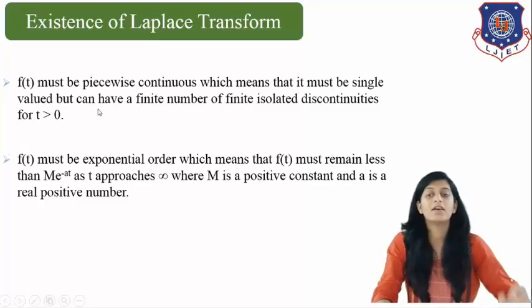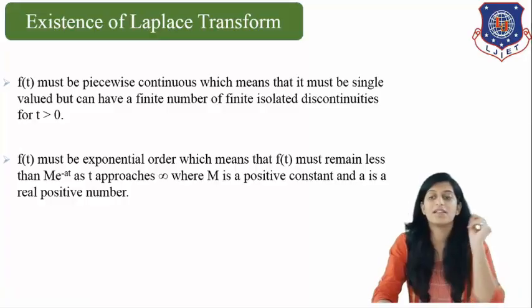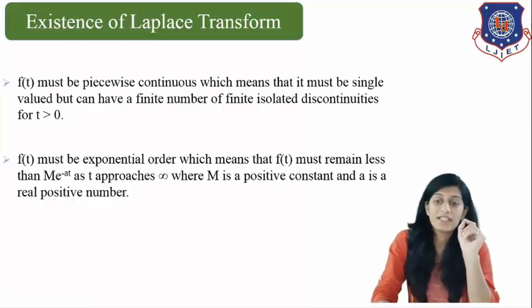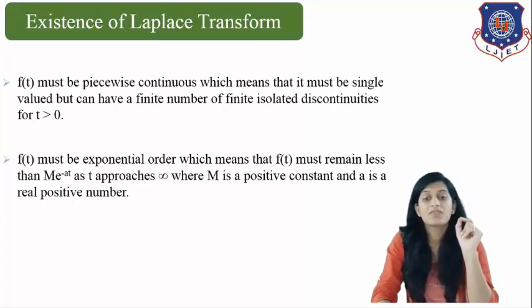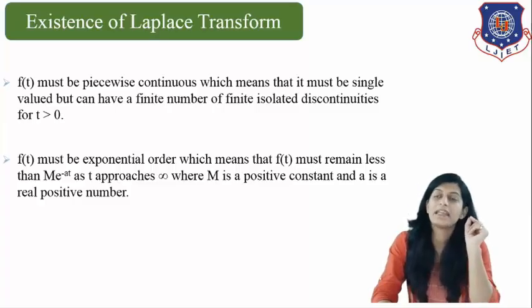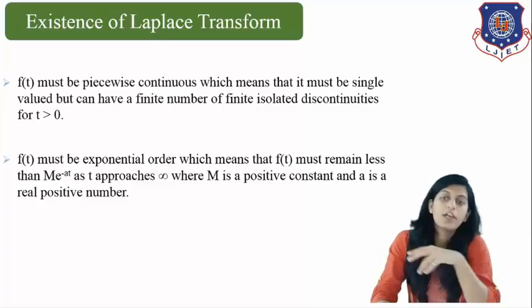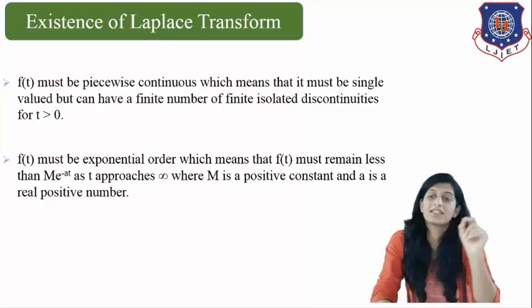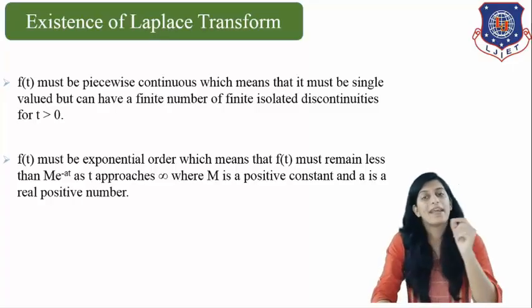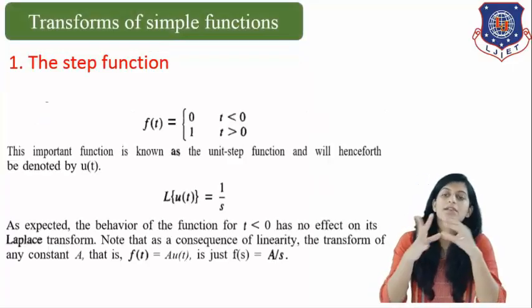Another parameter which is essential for existence of Laplace is that f of t must be of exponential order, which means that f of t must remain less than M e raised to minus a t as t approaches infinity. So, these two things have to be fulfilled for existence of Laplace.